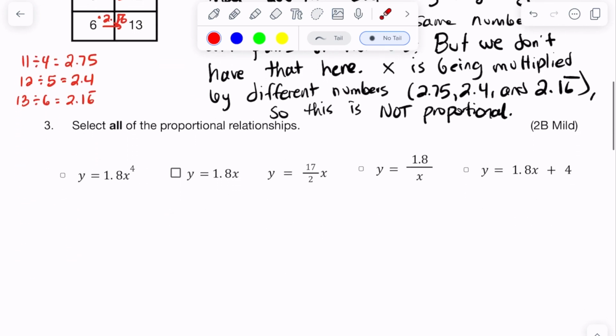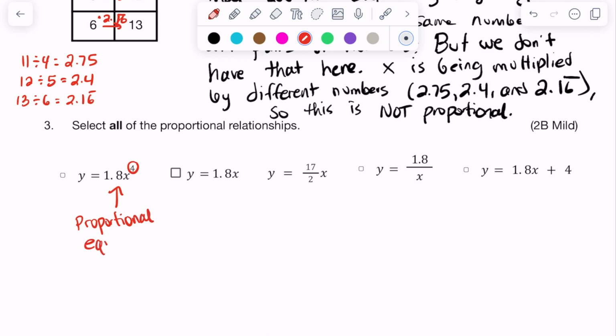All right, question 3. Select all of the proportional relationships. So these are all from equations. So things we know about equations for proportional relationships. We know that they do not have exponents. So this one's going to be wrong because proportional equations don't have exponents.